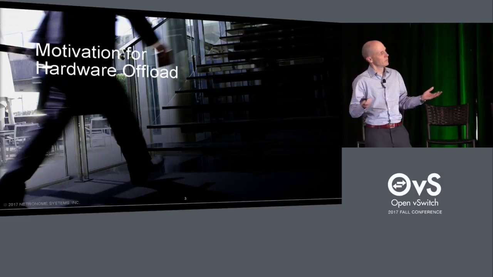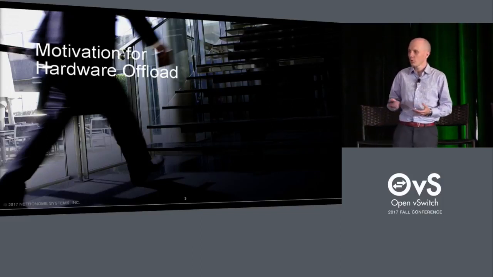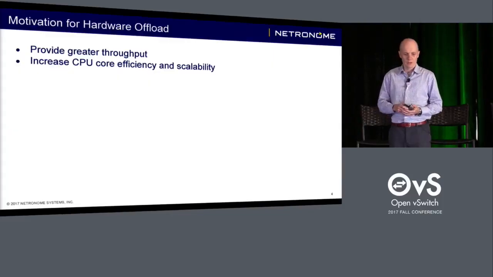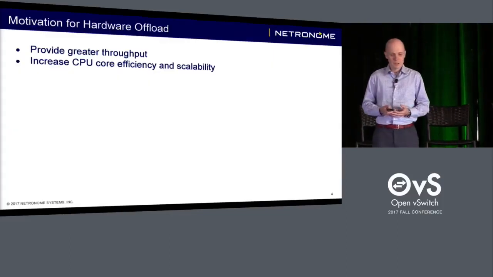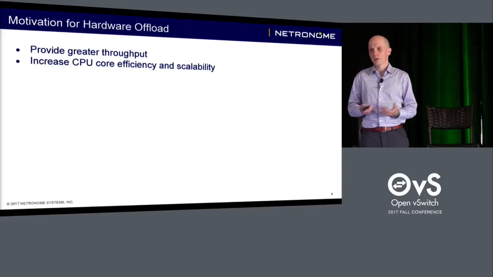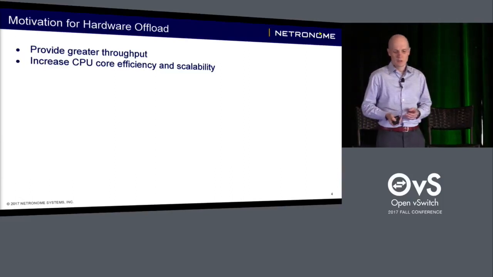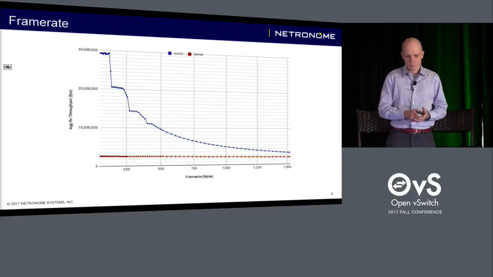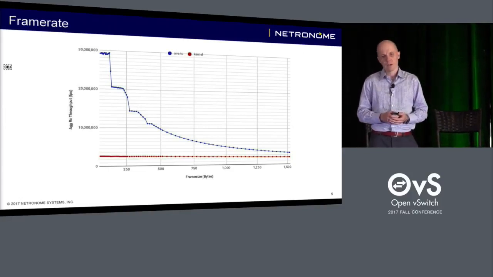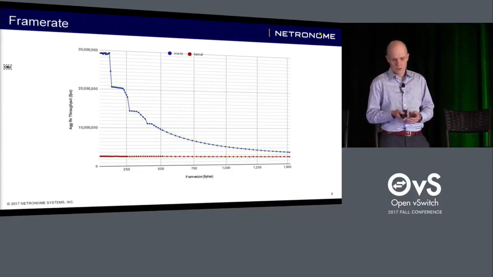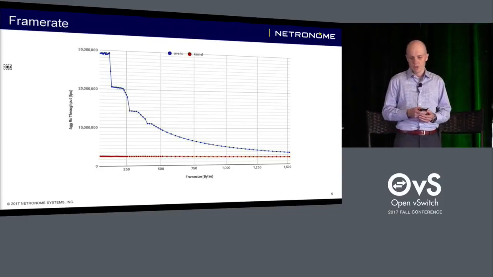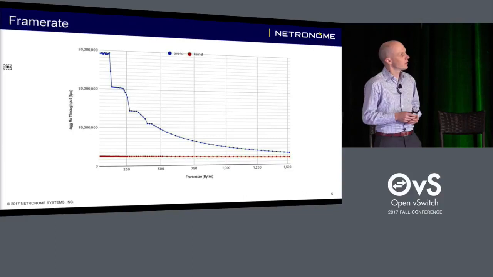So firstly, being a hardware vendor, we want to motivate the hardware offload. This has already been covered several times this afternoon, but the main benefits are you get more packets per second and you get your CPUs back to do other things. This is a recent graph of using the OVS with the TC offload as compared to the kernel datapath.